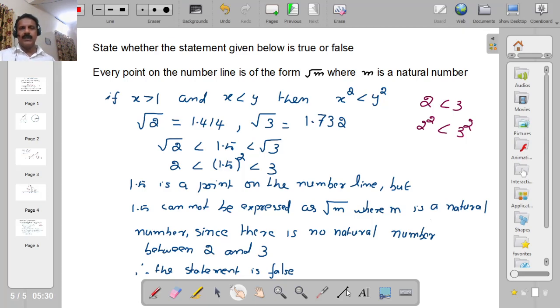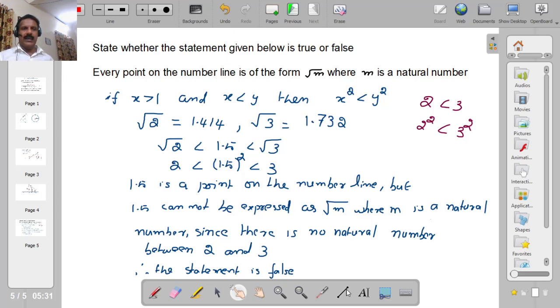Therefore 0.5 cannot be expressed as the square root of a natural number. This is sufficient to know that the statement is false.